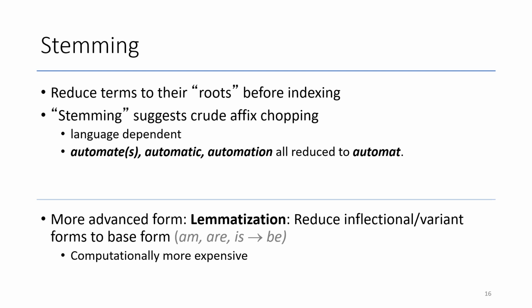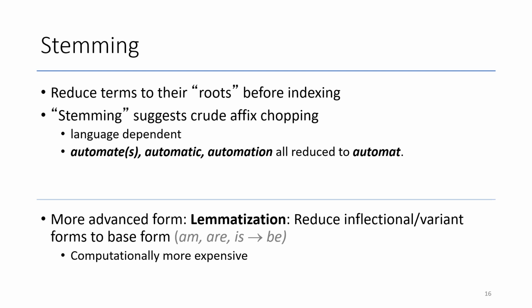The next point is stemming. Here we reduce the terms to their roots, and we just chop off the end of a term. This of course is language dependent and does not work equally well across languages, but again for English it's a pretty good baseline.